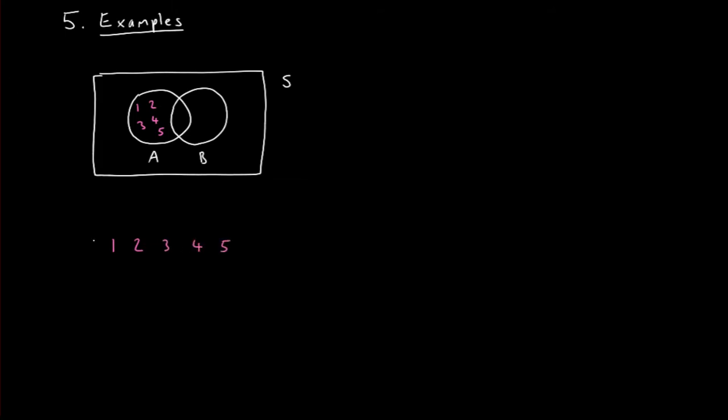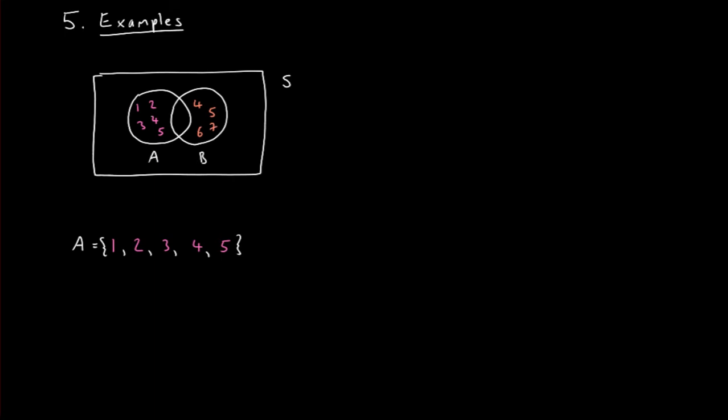And let's just furnish this with some braces and commas and all the other accoutrements. Now, we're going to be a bit more careful with how we place these in just a moment. But apart from that, let's say B contains 4, 5, 6, and 7.